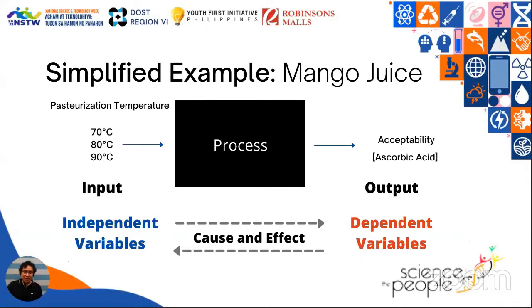Maybe at this point, I'd also like to say na yung normal na ginagawa natin is we do the acceptability test or we do sensory evaluation. But actually, we can also do other types of analysis. In this example na binigay ko, vitamin C content ng mango juice product.